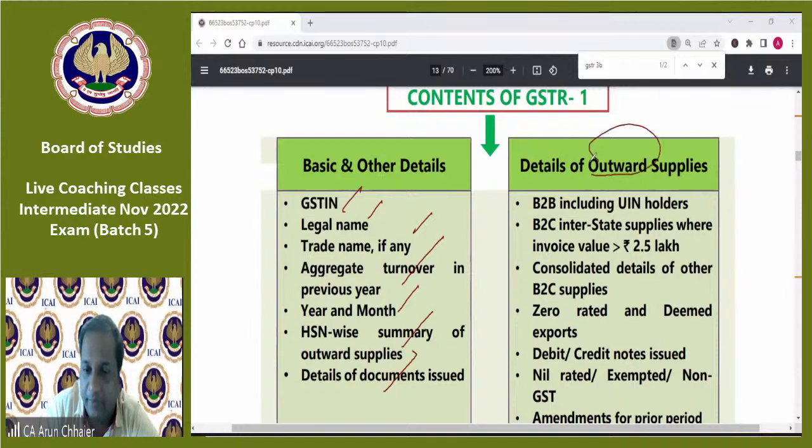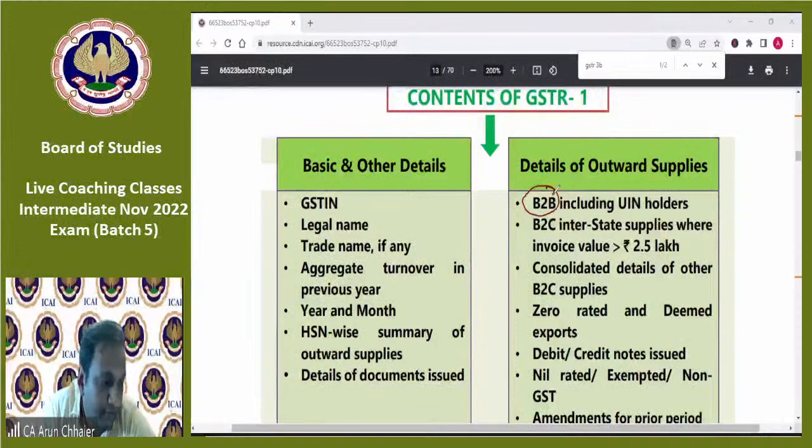Details of the outward supplies: B2B including UIN holder, B2C. See, first B2B including UIN holder. Then B2C interstate where invoice value is greater than 2.5 lakh. Consolidated B2C others. See, this becomes very interesting.